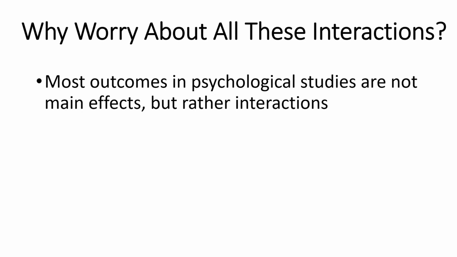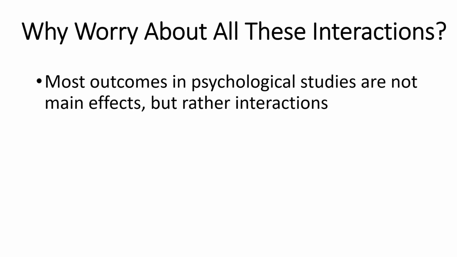I kind of jumped the gun and talked about this earlier on when we mentioned why interactions are more important than main effects, but it still holds true. In a lot of psychological studies, we're going to encounter multiple independent variables that are influencing our dependent variable. So we have multiple things that we care about.